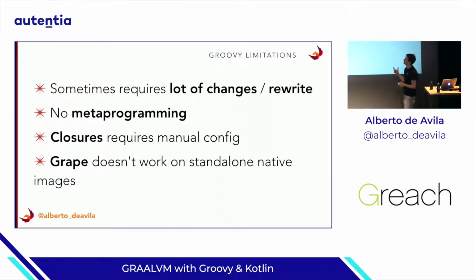The use of closures requires some manual configuration, or you will get some exceptions. And Grape doesn't work with native images. So I think there are important features that we are losing here using Groovy with GraalVM.